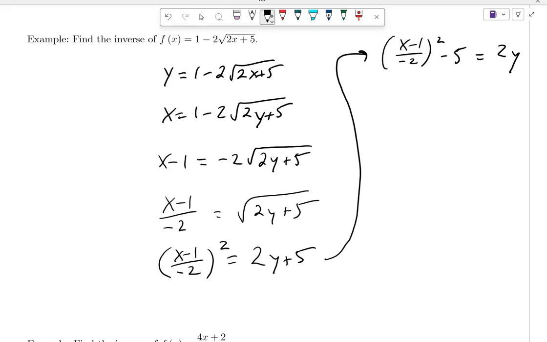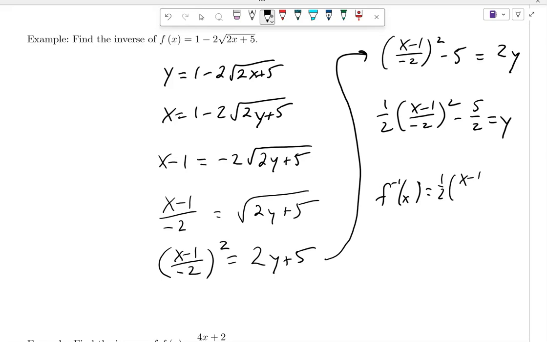And then finally, divide everything by 2. So divide both sides by 2. And then we'll replace our y with f inverse of x. And get to the final part there.